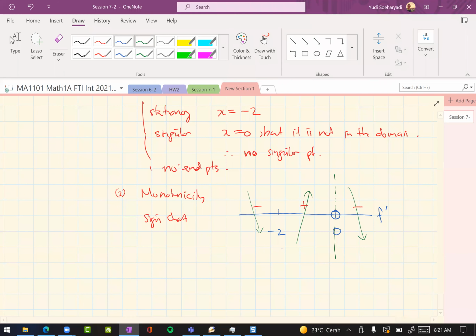So this tells you this is going to give you a local min. Although here you have a change of sign from plus to minus, you don't have a local max, because this is undefined. So there's no local max. Okay.